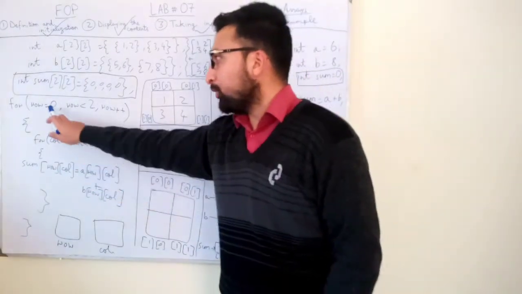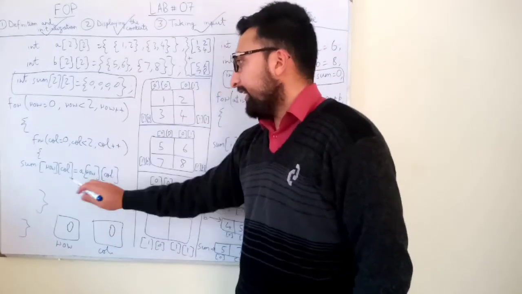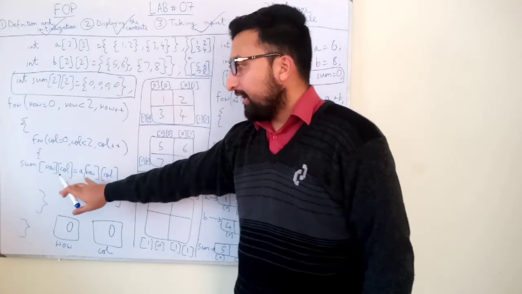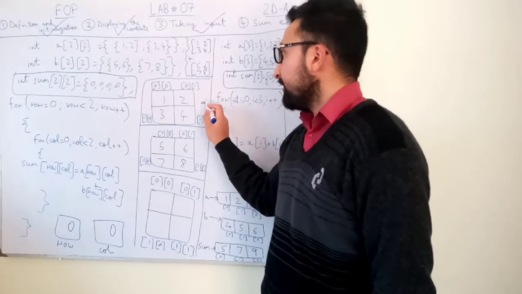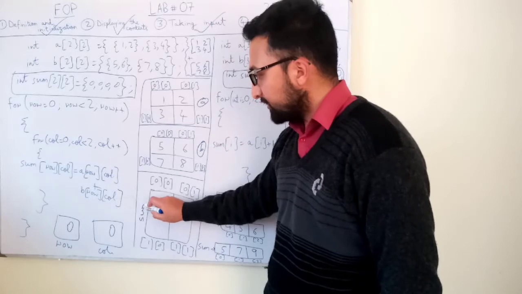Now the row is 0 in the start and the column is also 0 in the start. So anything stored at the two-dimensional matrix A at the index 0, 0, i.e. this was our A matrix and this was our B matrix and this was our sum matrix.